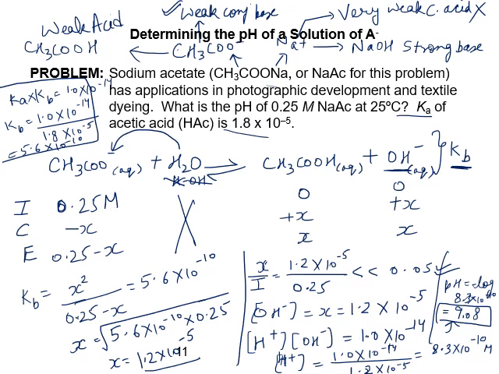So remember, you are solving for either H ion or OH ion whenever you need the pH. If it is a salt solution, first identify which of the ions is going to affect the pH. Once you have that ion, you're going to figure out the pH by using that ion and making an ICE table.